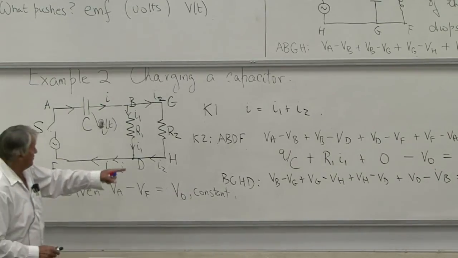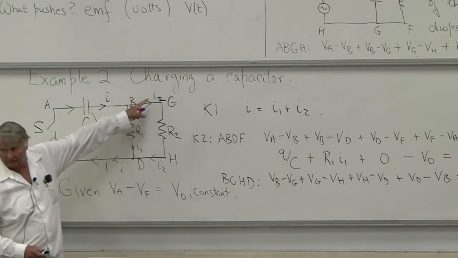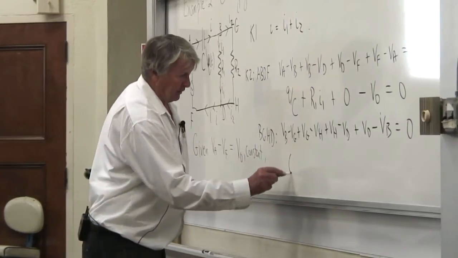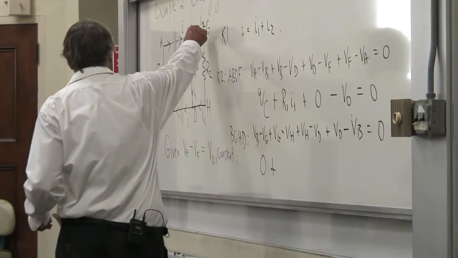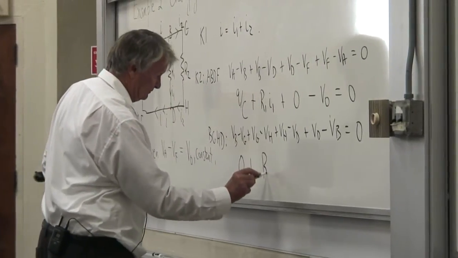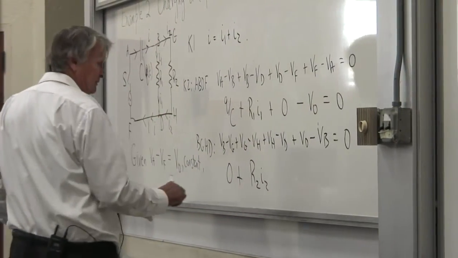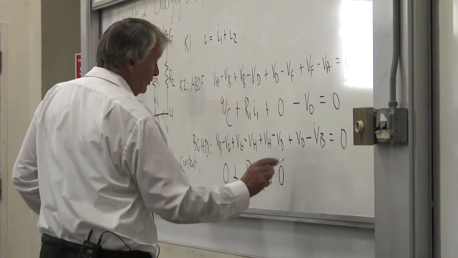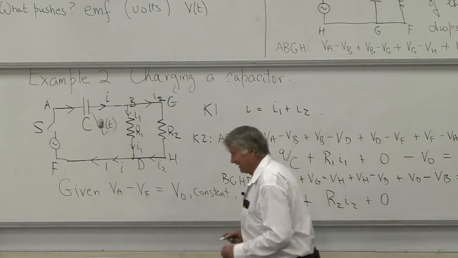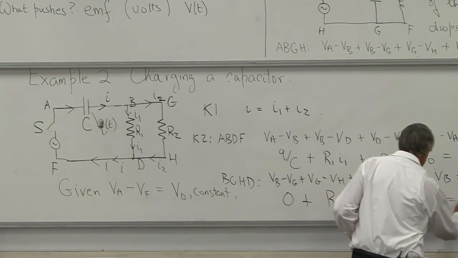What's VB minus VG? 0, because I don't have any element there. What's VG minus VH? R2I2, very good. What's VH minus VD? 0. What's VD minus VB? Negative R1I1. Equals 0.